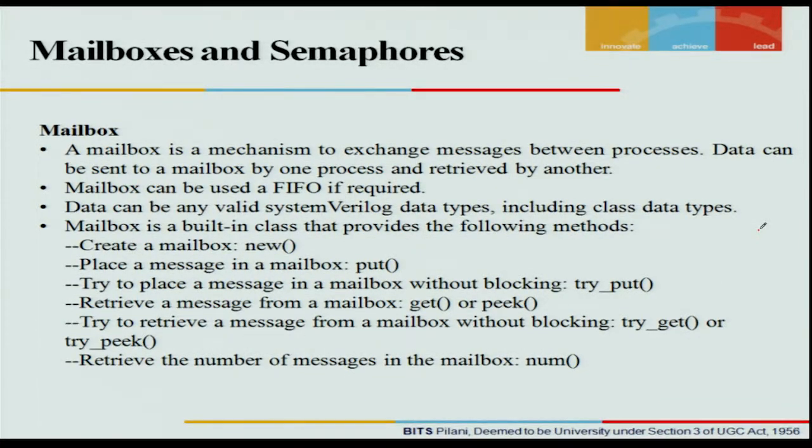If the mailbox is not available at that moment, then this function will not complete, and it will just move out of that function. That's basically a non-blocking call, and there won't be an intrinsic wait in this call. So these are the two ways by which a mailbox can be accessed, either through a blocking call or through a non-blocking call. Both are very necessary. I'll try to explain in the next slide how these can be used.